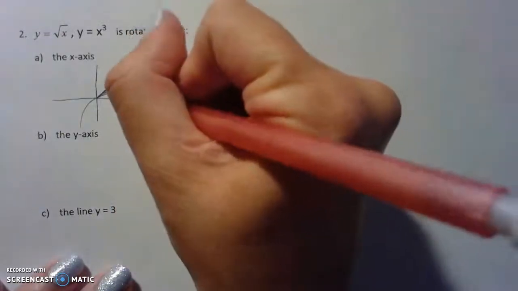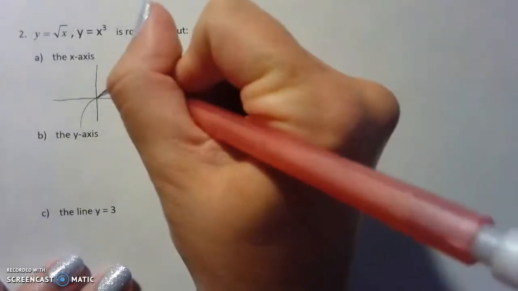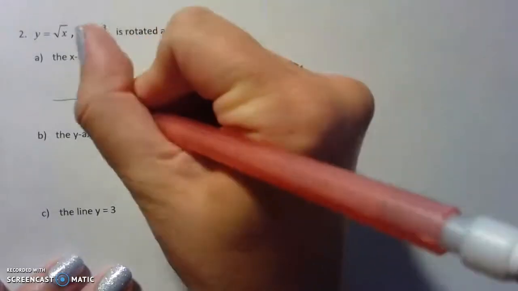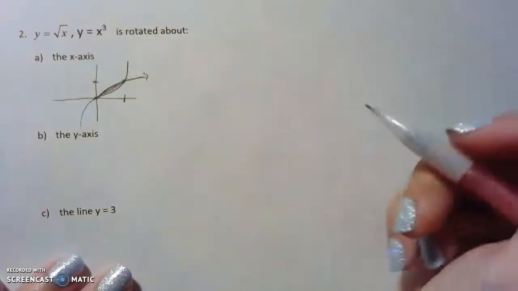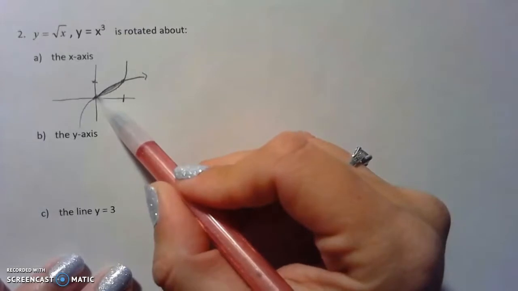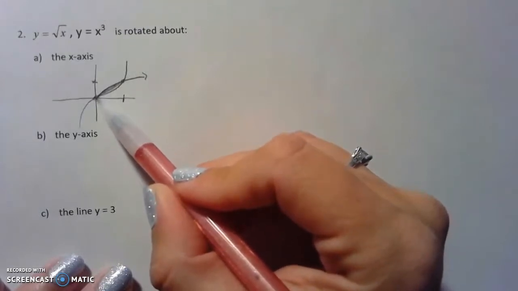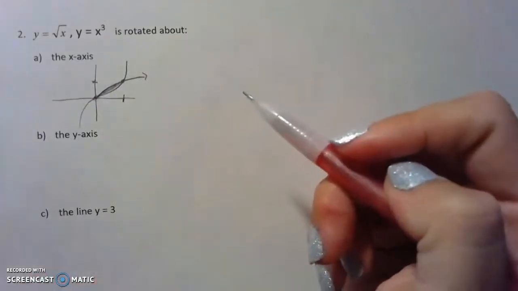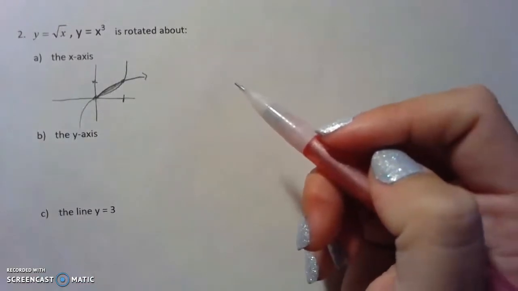Okay, what's good to make sure you know is that this ordered pair is 1, 1, and this down here is actually intersecting at 0, 0. Okay, because we're going to need those numbers.